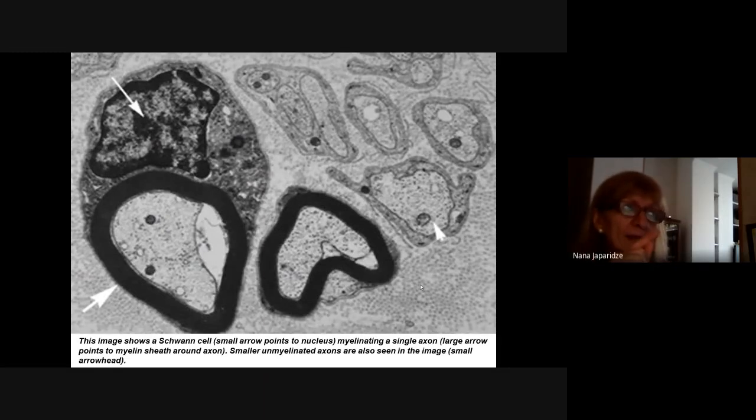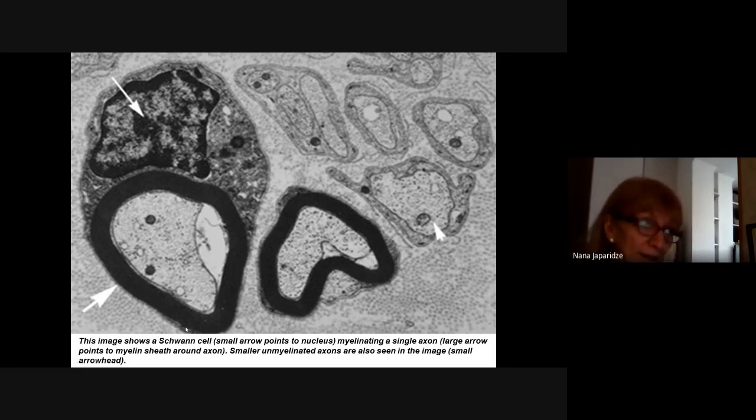You have here the cell nucleus, cell cytoplasm, and a myelinated axon, which is embedded in the cytoplasm, surrounded by the cell body cytoplasm, not processes, no, cell body cytoplasm, okay?